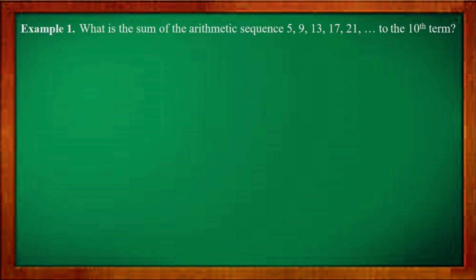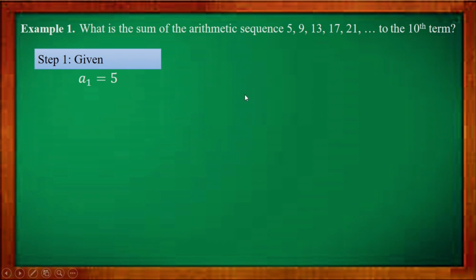Okay, now let us have an example of getting the sum of an arithmetic sequence. For example number 1, what is the sum of the arithmetic sequence 5, 9, 13, 17, 21 up until the 10th term? The first step that we are going to do is to find the given values. The first is a sub 1.